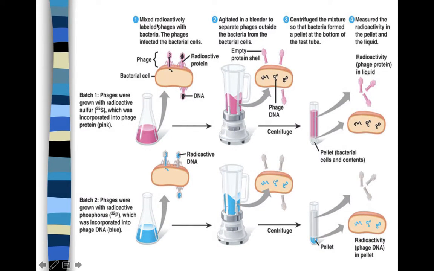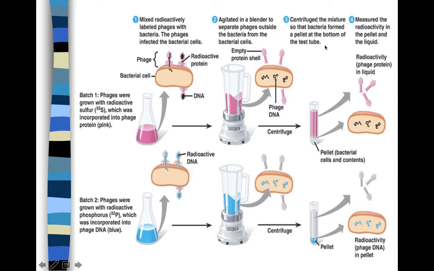So first, radioactively labeled phages were mixed with bacteria. The phages infected the bacterial cells right here. 2. Agitated in a blender to separate phages outside the bacteria from the bacterial cells. So the empty protein shell, the phages, were separated from the bacteria, which contained the DNA. 3.